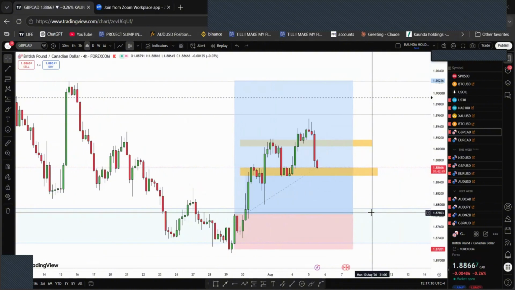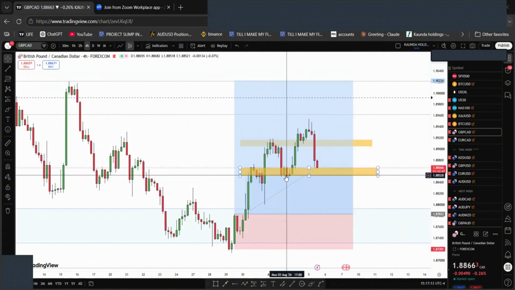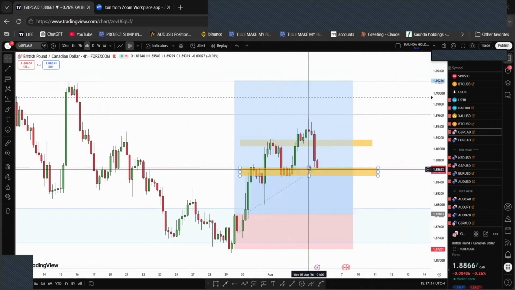Okay, so especially if this 4 hour fails to break here, then tomorrow we will be at a very nice position. Okay, so it just means more waiting. That's the only thing I can say. That means more waiting rather than execution.